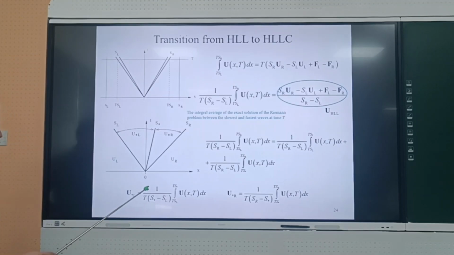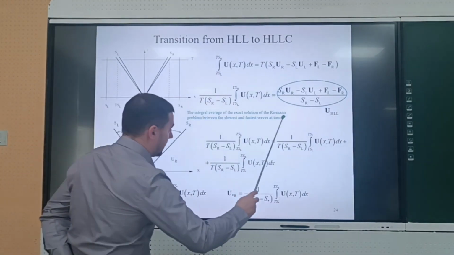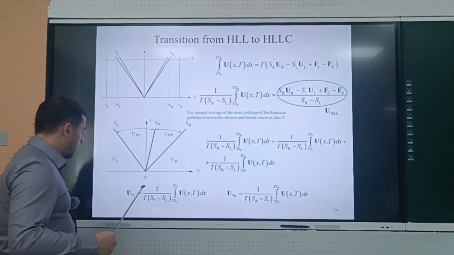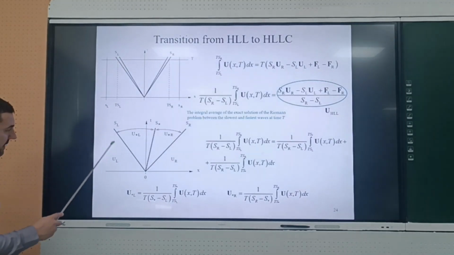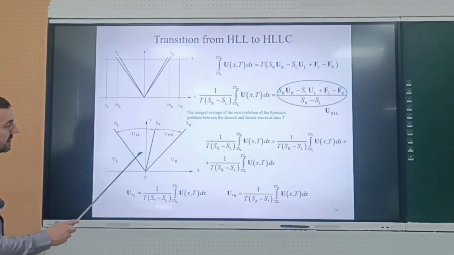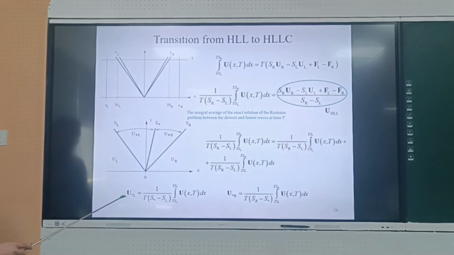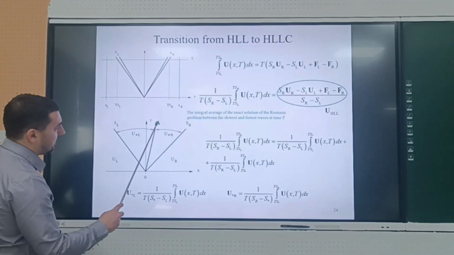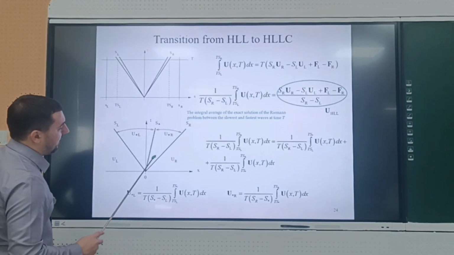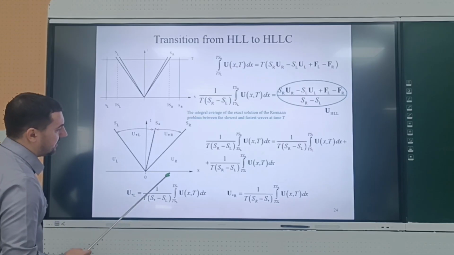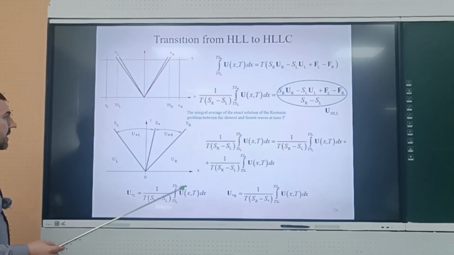And then we should introduce this integral. U star L is the constant state between SL and S star characteristics, and U star R is a constant state vector between SR and S star.